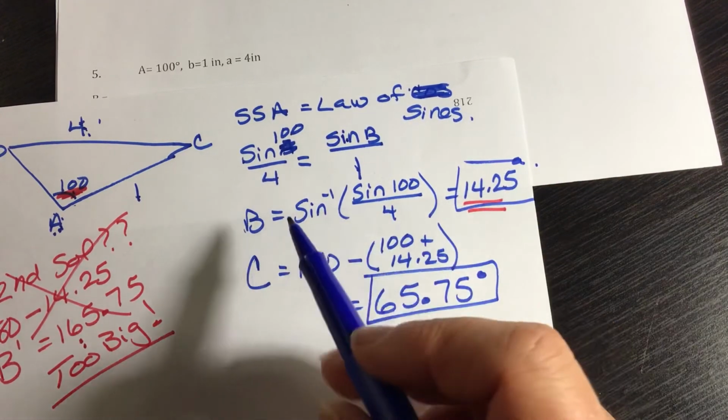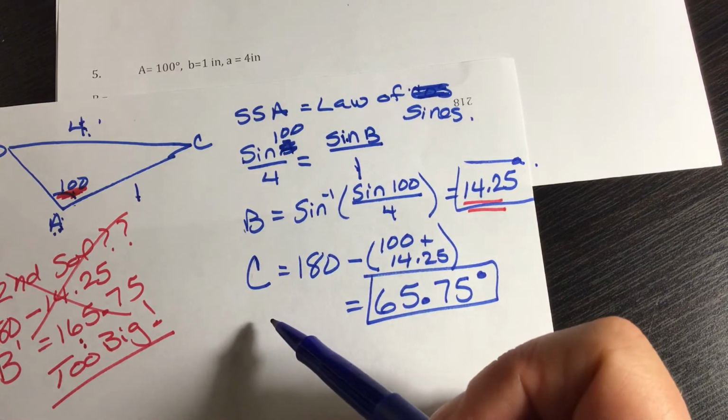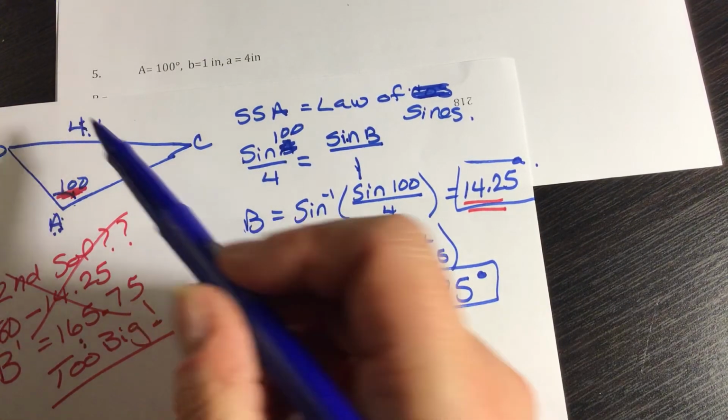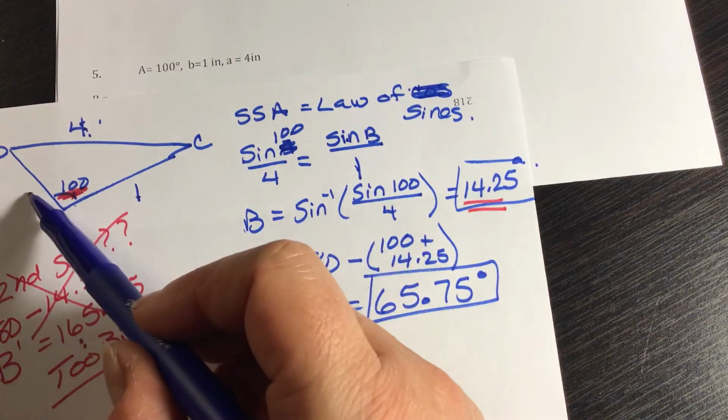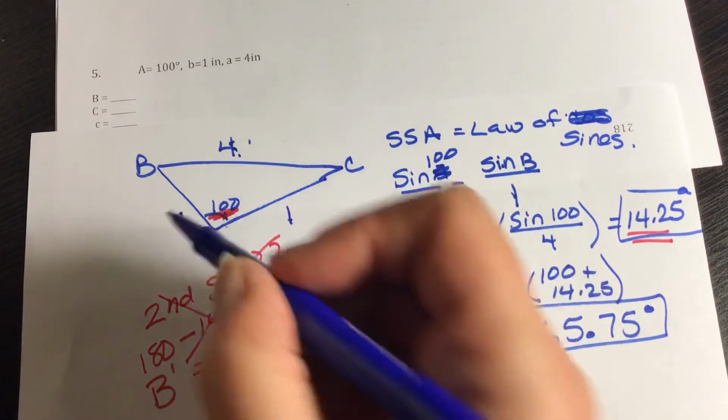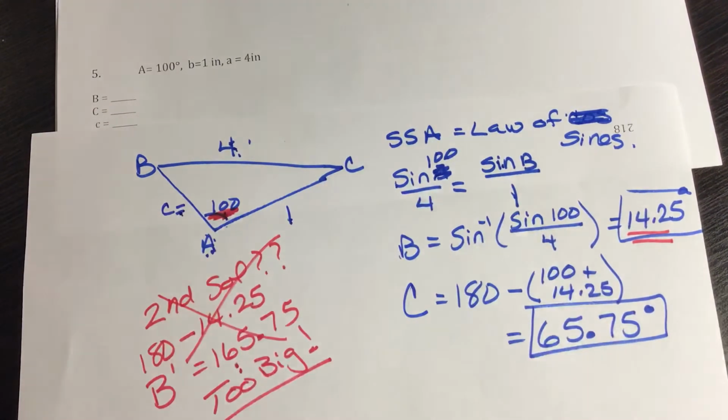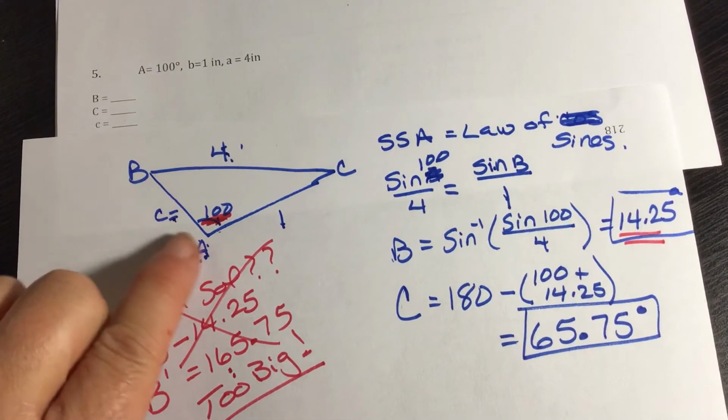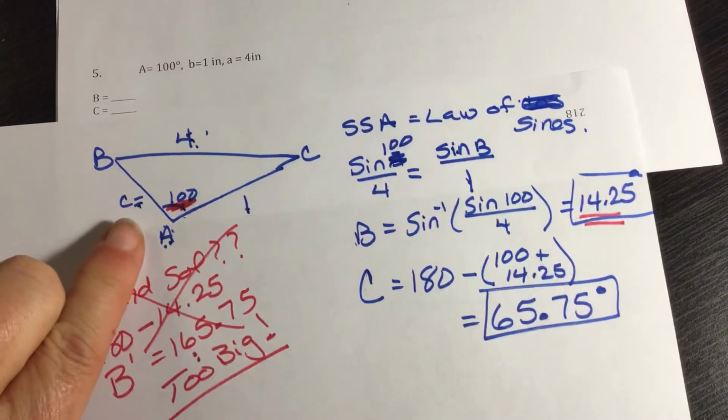Okay, so I have angles A, B, and C. I have side A, side B. Now I need side C. Okay, so I need to find little c, and I'll use law of sines for that.